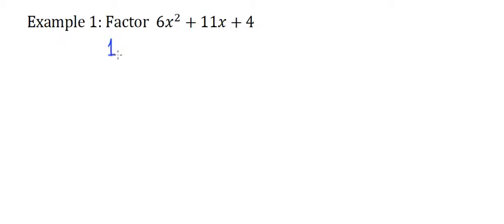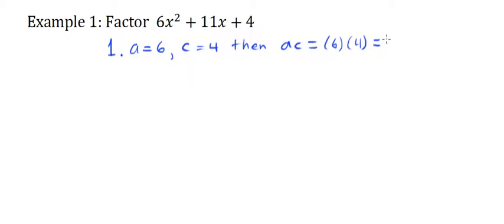Step 1. We have to compute AC, the multiplication of A and C. A is equal to 6. C is equal to 4, the last term. Then AC equals 6 times 4, which is equal to 24. So AC equals 24.